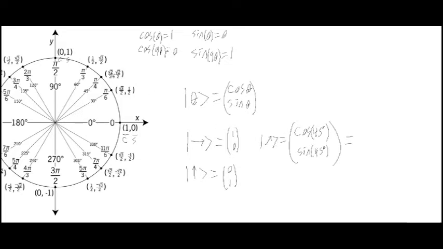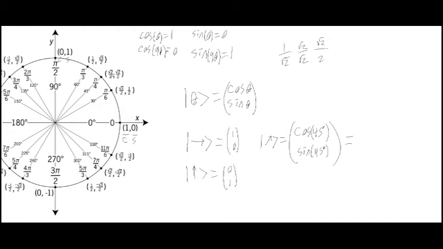And if we go to our unit circle, we see that that is this square root of 2 over 2, which, so I'm going to use 1 over square root of 2, which is the same thing, because if you just multiply by square root of 2 over square root of 2, which is equal to 1, square root of 2 times square root of 2 is equal to 2, and square root of 2 times 1 is equal to the square root of 2.